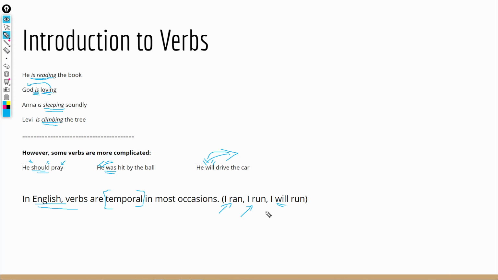Or I will run, we just saw this word, that's happening in the future. And so most often in many analytic languages, such as English, when we use verbs, it is trying to tell you about that verb's position in time. So again, that's very important to keep in mind. I'll just remind you, if you have any questions, please feel free to put them in the Koine study chat there.